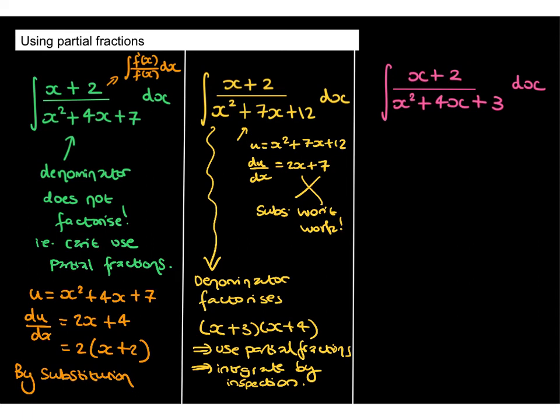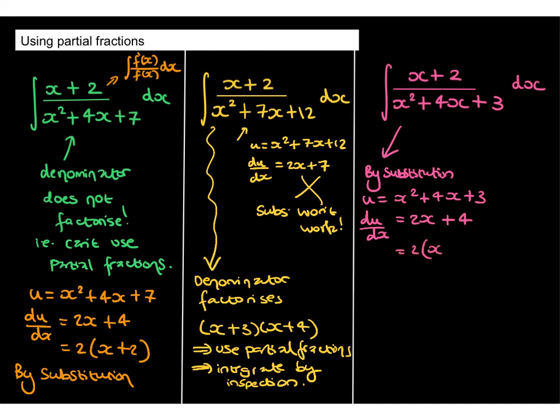Now, the third example is very interesting because it could be done by substitution. Notice we can say u equals x squared plus 4x plus 3. So du by dx then equals 2x plus 4, which is, again, a multiple of the numerator. So that integral has the format of f dash x over f of x.